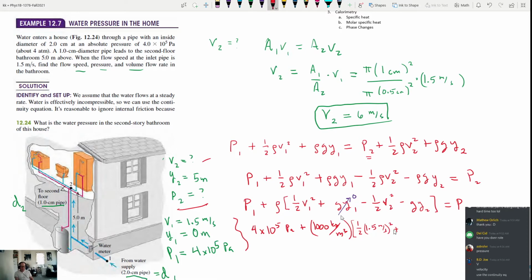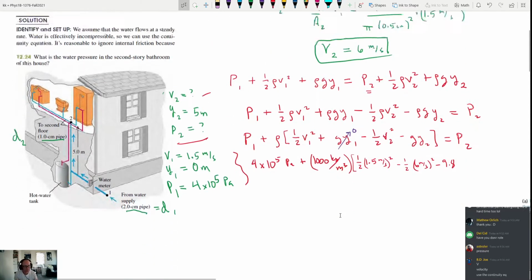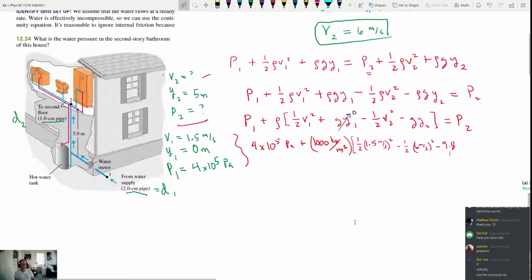Probably should have done that a few steps back. Minus 1/2 V2 squared, so V2 is 6 from here. And then minus 9.8 multiplied by Y2, which is 5 meters. And that's equal to P2.